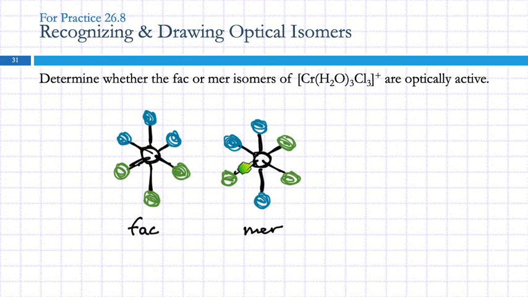So to do that, we would draw the mirror image of this and then see if we can rotate it and see if it's actually the same thing. So I'm going to draw the mirror image of the mer. So many octahedra.